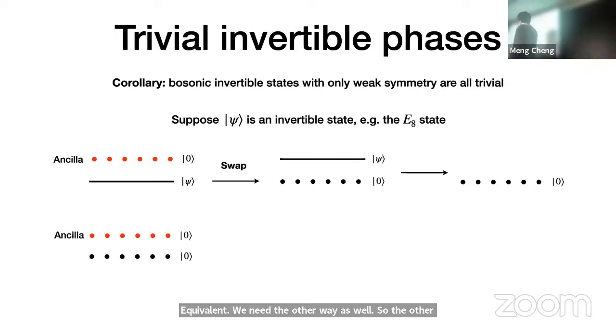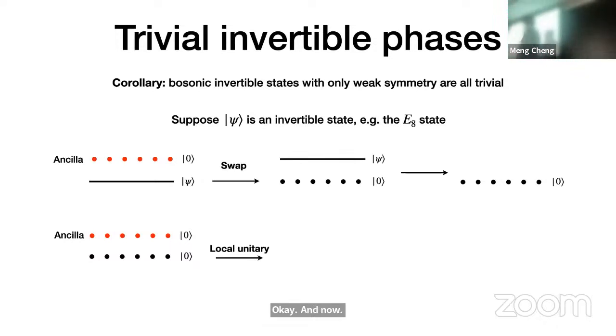We start from a system, which is the black dots, and the environment, the red dots. They are both initialized in some tensor product trivial state. Now let's first look at the system here.